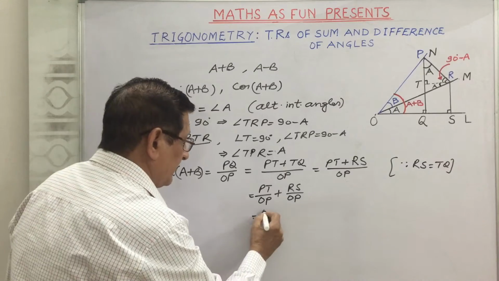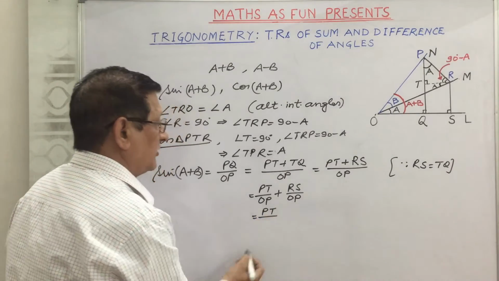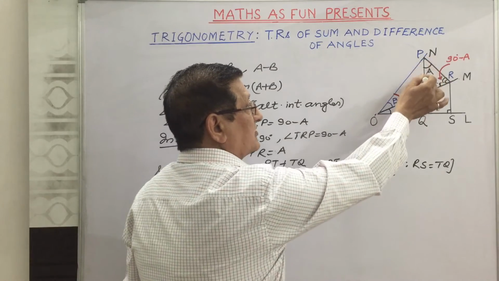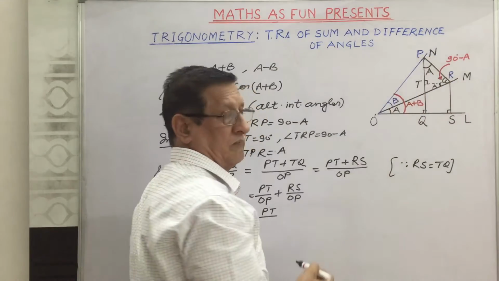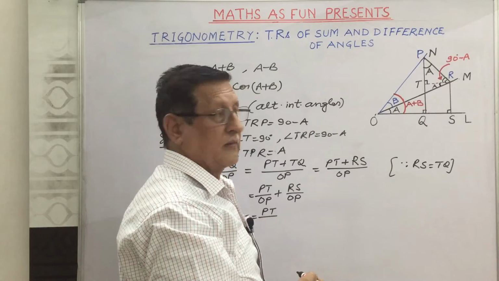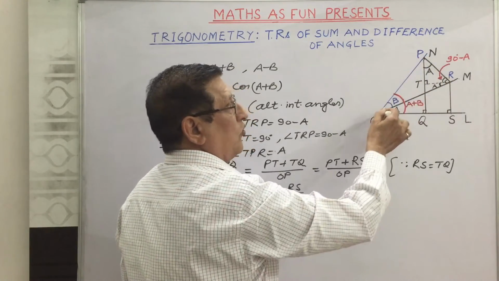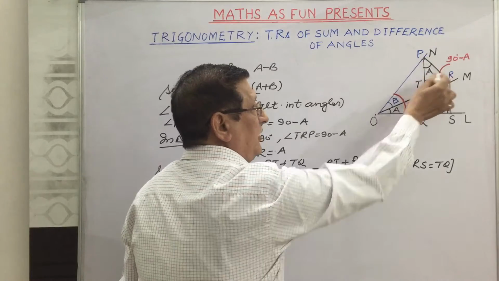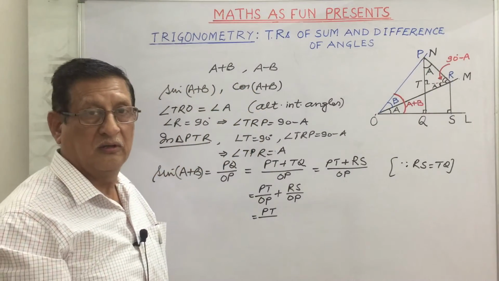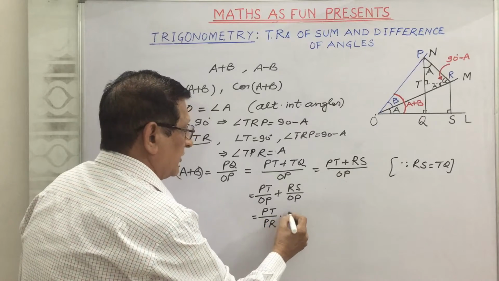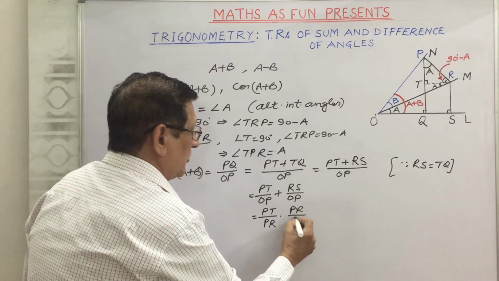And then this step you have to remember. PT and OP, where is PT? PT is part of this triangle, and OP is part of this triangle. What we find is the common side is PR in both. So we divide and multiply this by PR, PT upon PR into PR upon OP.